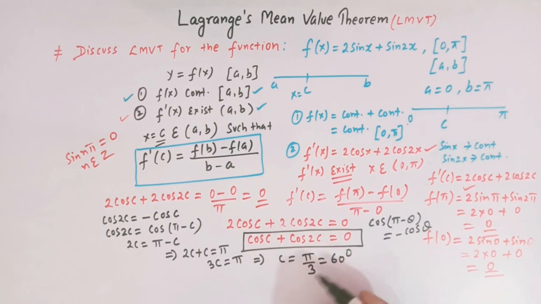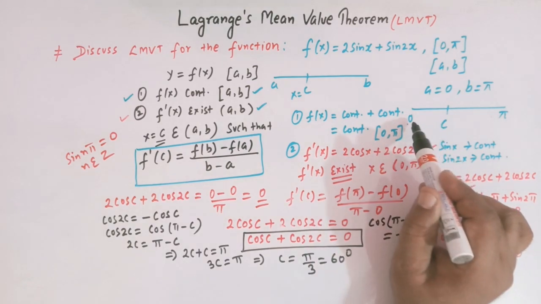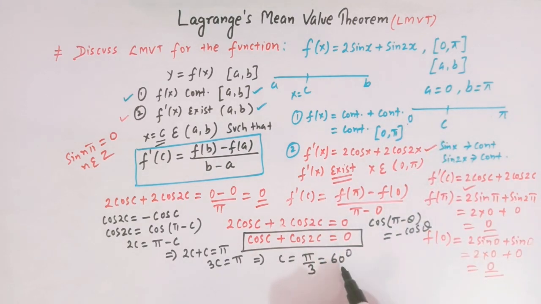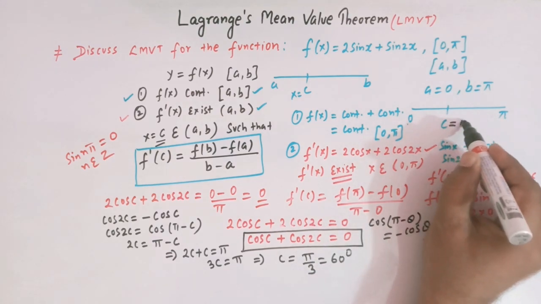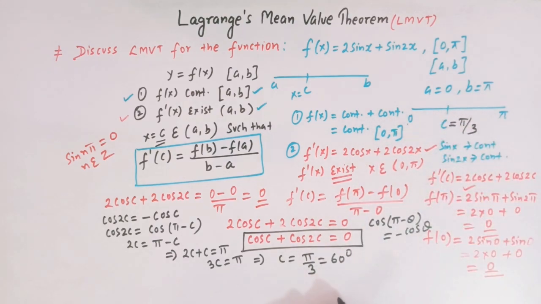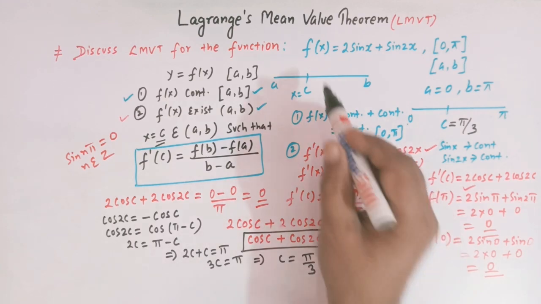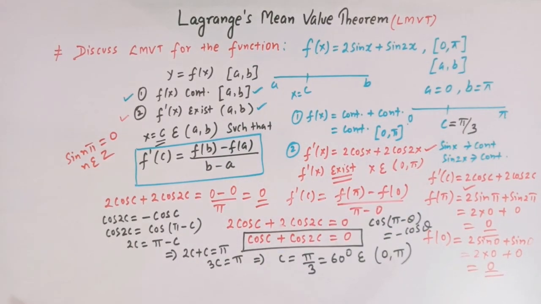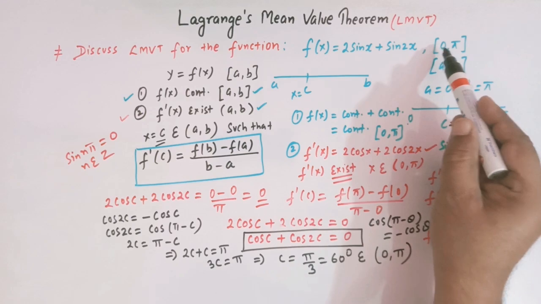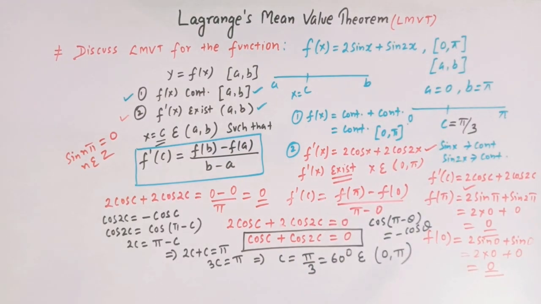We can easily see that this c, which is 60 degrees or pi by 3, lies between 0 and pi. So this value belongs to the interval 0 to pi. This is how we can see that this function is verified, it satisfies Lagrange's mean value theorem in the interval from 0 to pi.